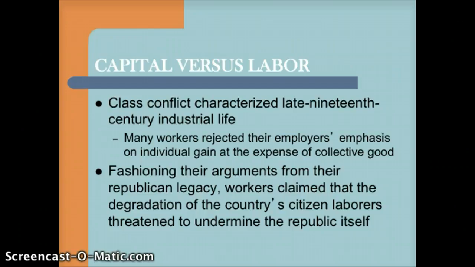Think of the arguments made here by laborers. First, is degradation caused directly by capitalism? And then following that line of reasoning, if that is correct, did capitalism threaten the Republic?